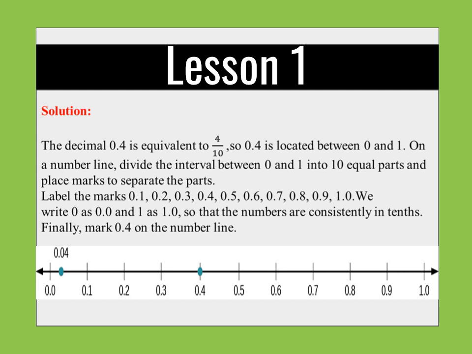Label the marks 0.1, 0.2, 0.3 until 1.0. We write 0 as 0.0 and 1 as 1.0, so that the numbers are consistently in the tenths. Finally, mark 0.4 on the number line. Look at the number line below.